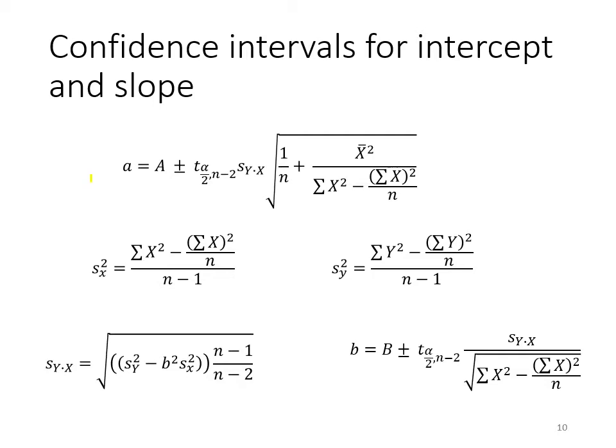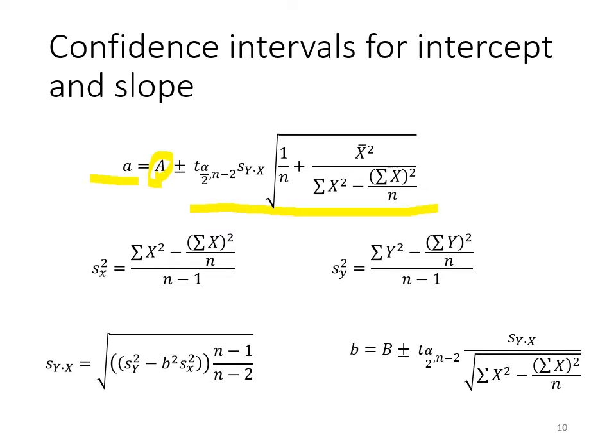So we have an equation for A. This is the calculated value from the regression equation, and this is our confidence interval.